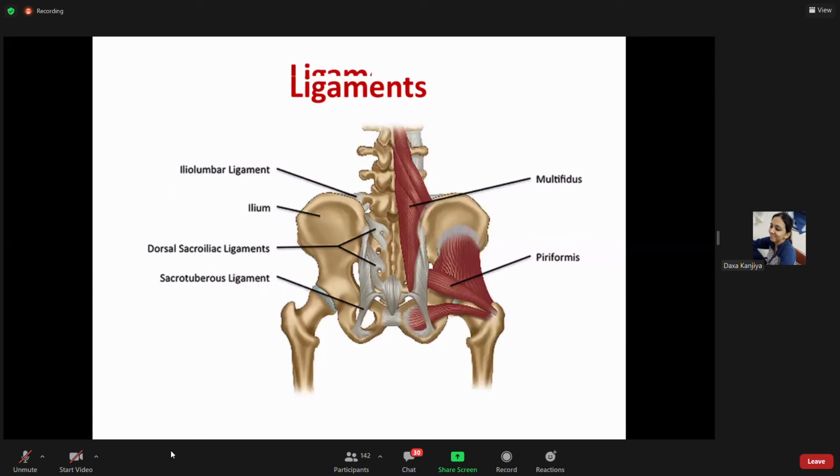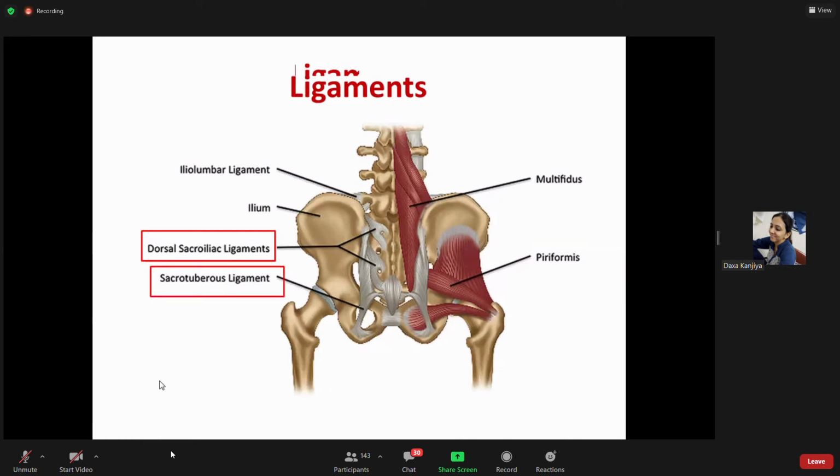Now here you can see the dorsal sacroiliac ligament. See the two bands of the dorsal sacroiliac ligament. This extends from the intermediate sacral crest to the ilium. That is the dorsal sacroiliac ligament.